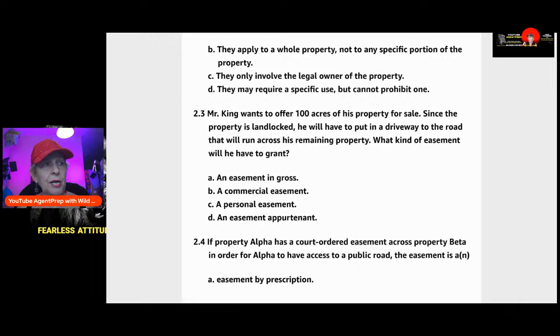So the answer here is D, an easement appurtenant. An appurtenant easement is attached to the property and goes with the property, moves with the land. Like personal property, like chattel, cattle, it moves, it's personal. This is permanent. It's real estate. It's affixed. It's attached. It's part of the land. It goes with the land whenever it is sold.